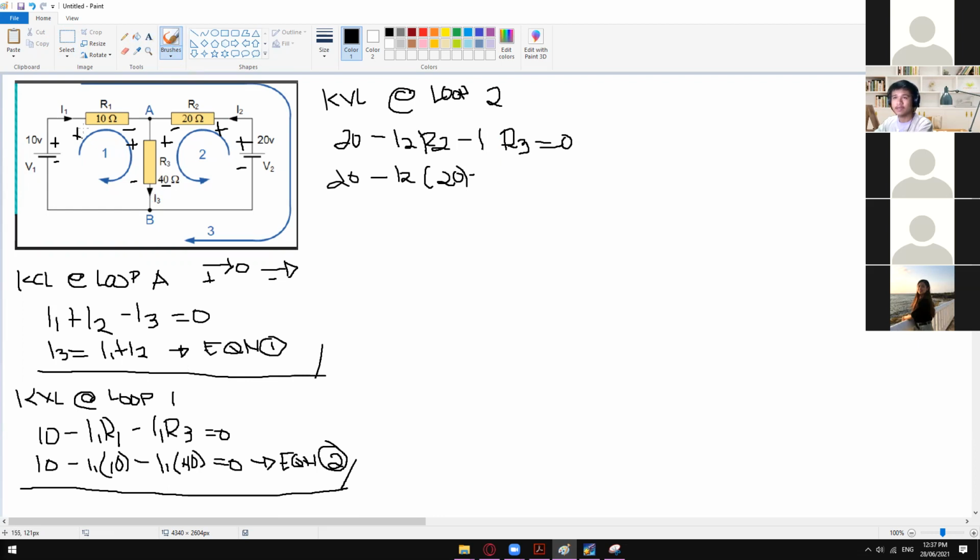For this one, it's I1 and then I3, and for this one, I2 and I3. So this one is I3 times R3, so this is 40 ohms, equal to 0. And that's equation number 3.